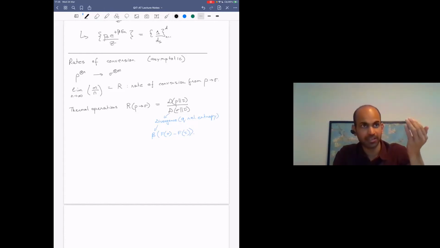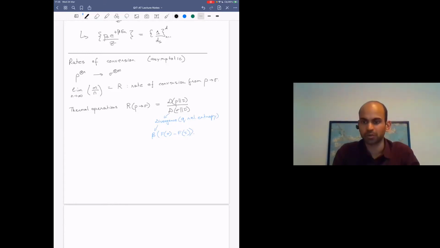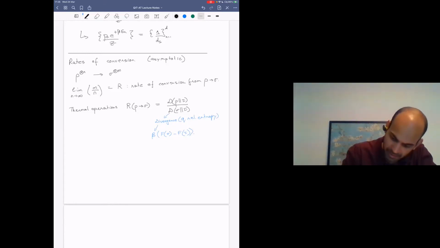But what we get here in the case of thermal operations, when we look at just the rate of asymptotic conversion and not single-shot transformation, is that we do get a total order. The free energy becomes a sort of total ordering of states.